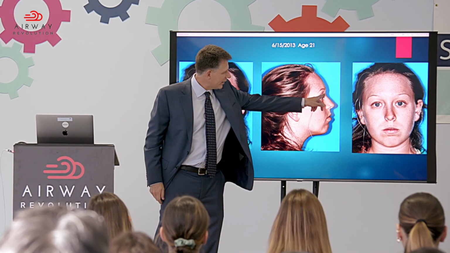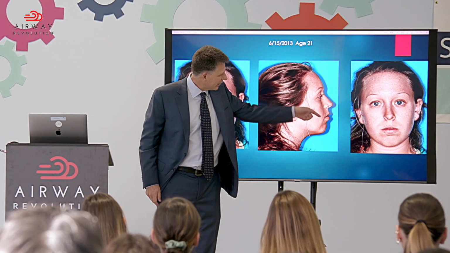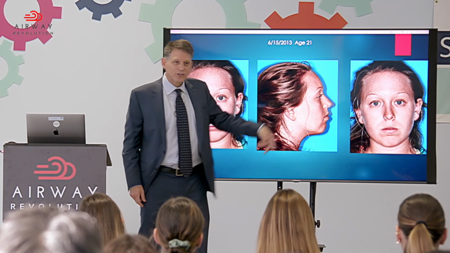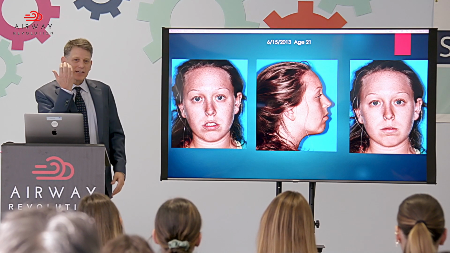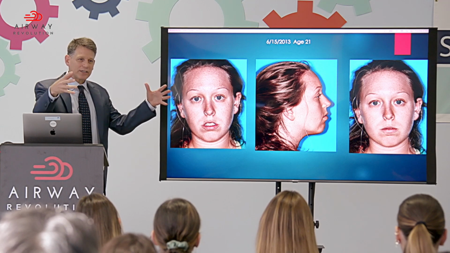If you drew a line down her nose and a line from her lower eyelid, they would be divergent. And so it's basically the mid-face not developing forward, again, because the tongue not being up, creating this wide palate, which would create wider cheekbones. And then, you know, always look at lips if they're dry.